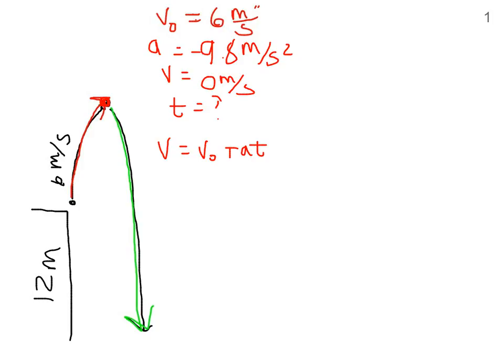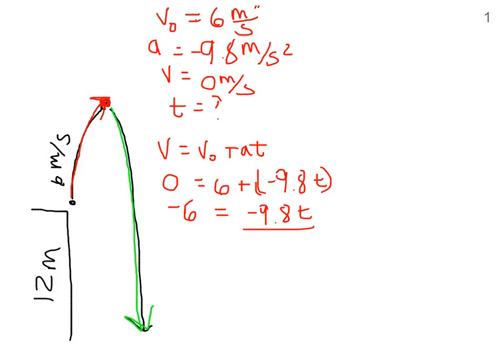So I have 0 equals 6 minus 9.8 T. I subtract the 6 to the other side, negative 6 equals negative 9.8 T, divide by the negative 9.8, and I'm going to get T is equal to 0.6 seconds.